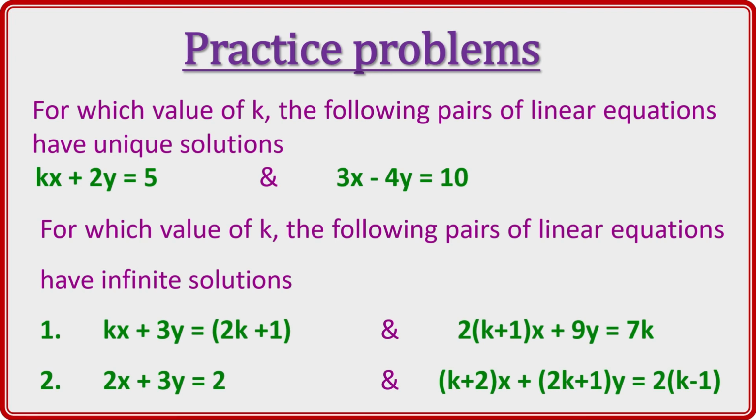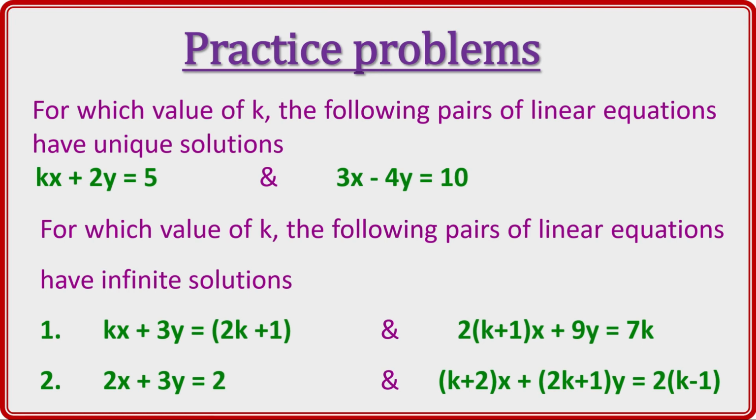For which value of k the following pair of linear equations have infinite solutions? Infinite solutions. Children, remember this. Recall the condition, children. So first question, kx plus 3y is equal to 2k plus 1. Second equation, 2 into k plus 1 into x plus 9y is equal to 7k.